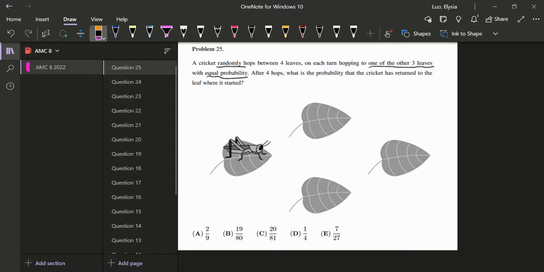So what we're going to do is we're going to split these 4 leaves into 2 states. I'm going to use a different marker for that.